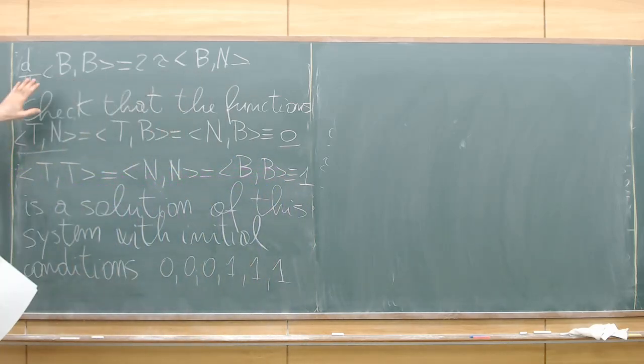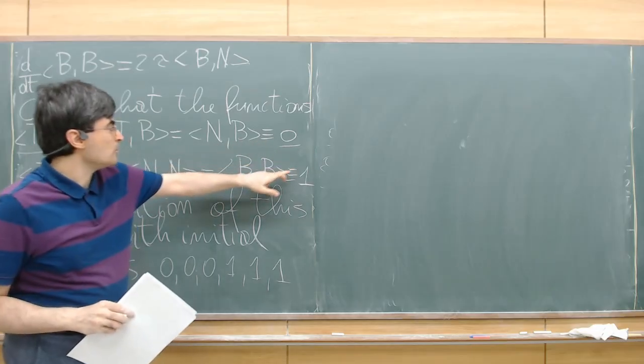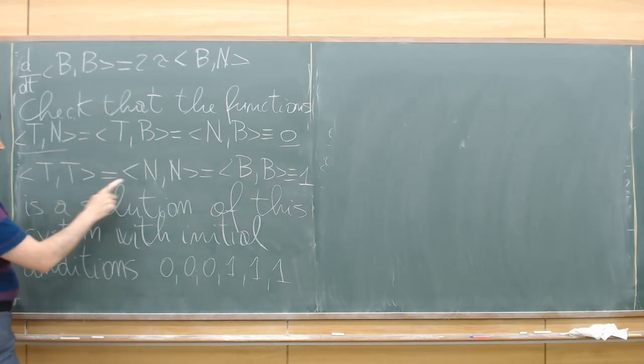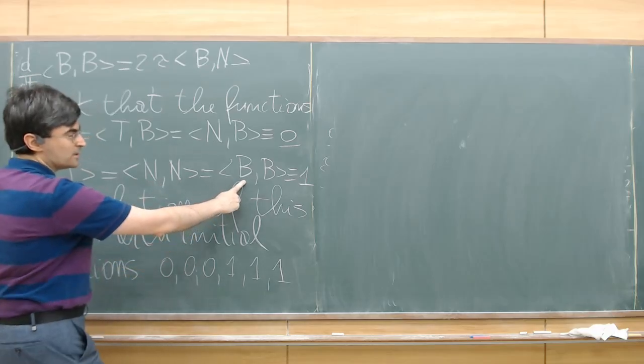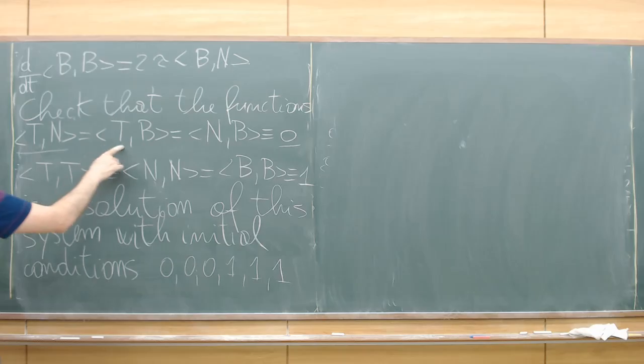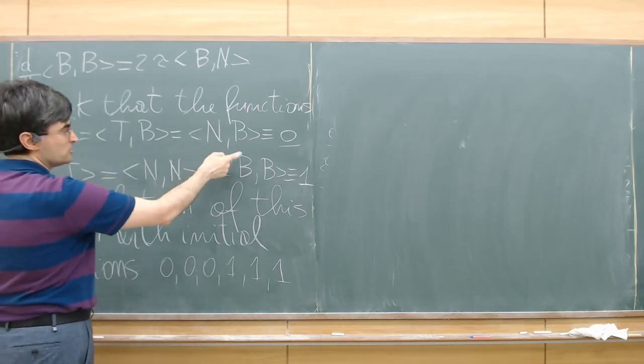And what is the meaning of these 6 formulas? It means that T, N, and B have unit length, and T and B are orthogonal to each other.